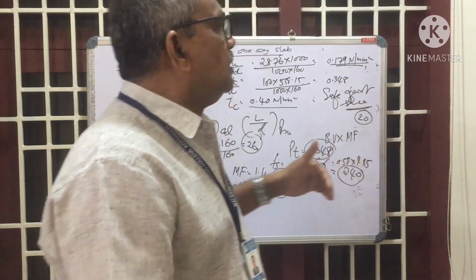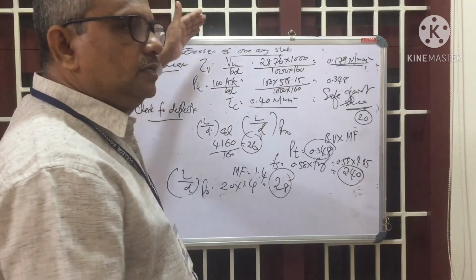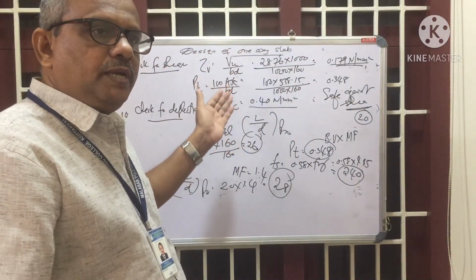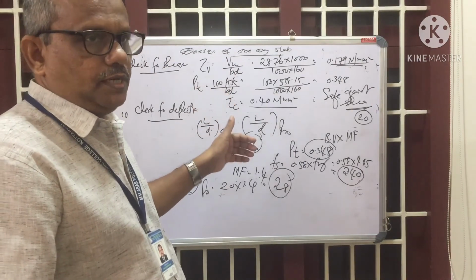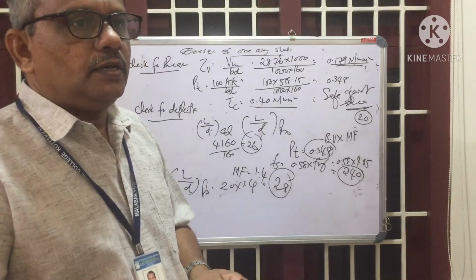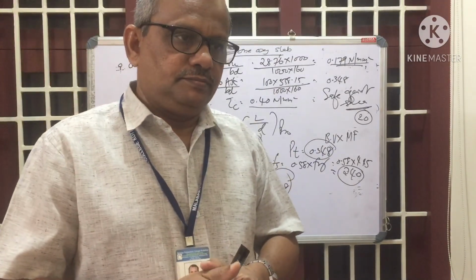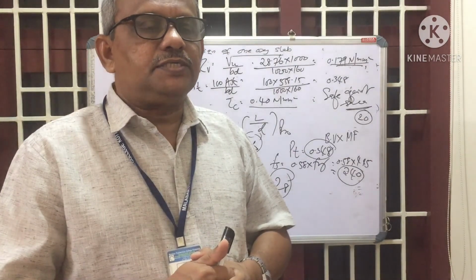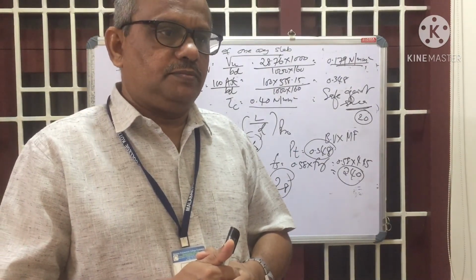Then the next steps are the areas of steel, the area of main steel and the area of distribution steel. Then 9 and 10, checking for shear and checking for deflection. Okay, these are the 10 steps to be followed while designing a one-way slab.